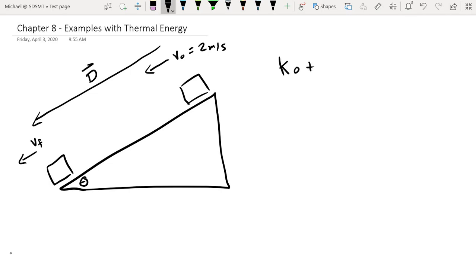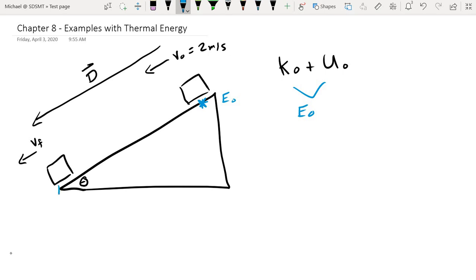Since this is a chapter based on conservation of energy, we will look at the energy at the initial location, which I will call E naught. Everything here is going to be the combined kinetic and potential energies at the initial location.